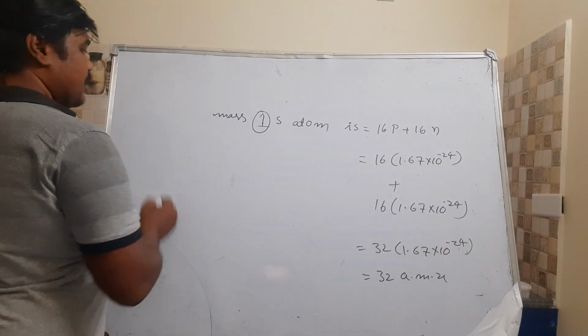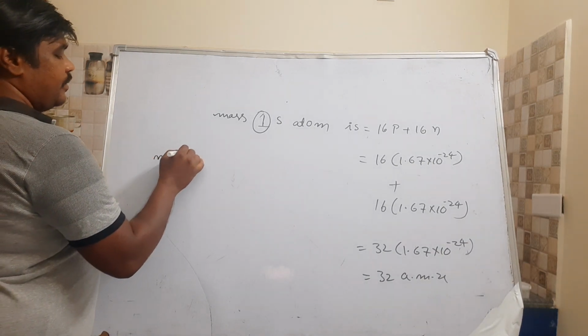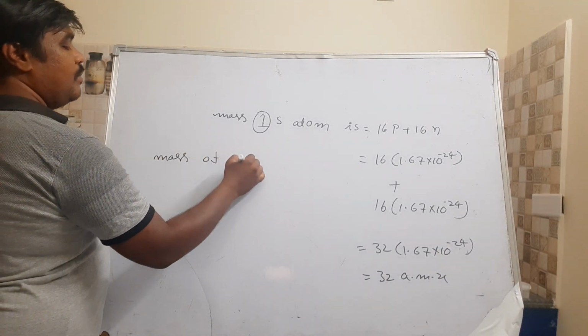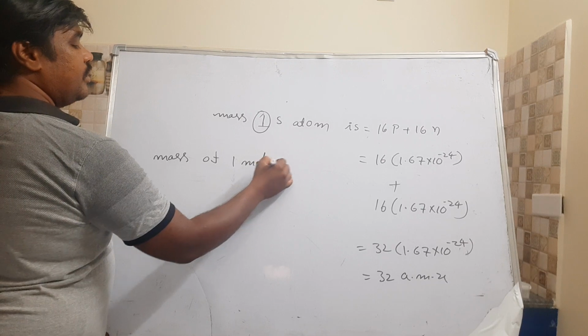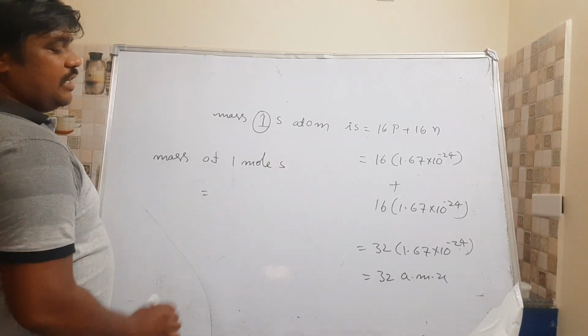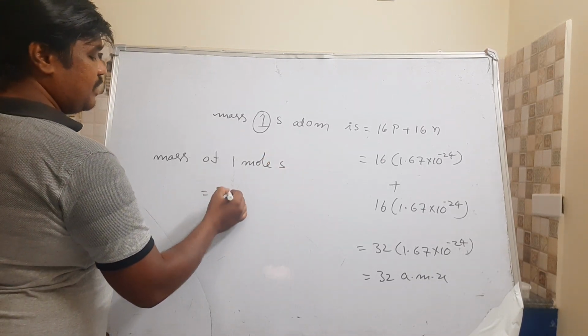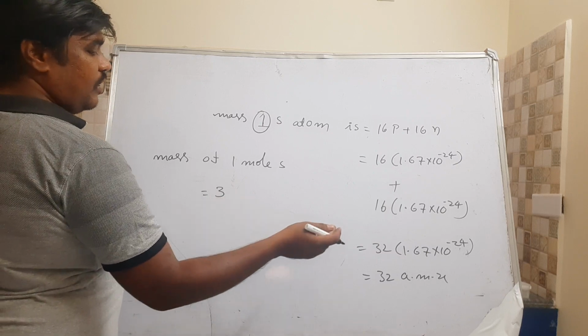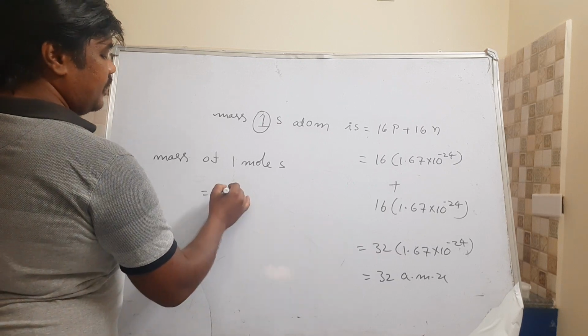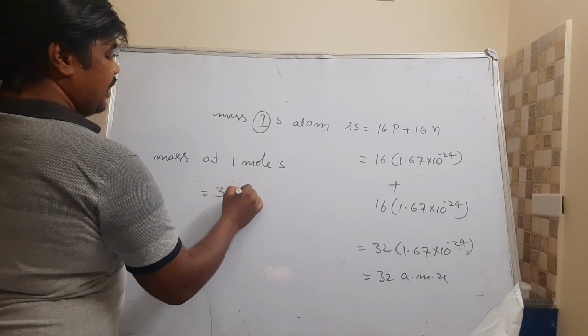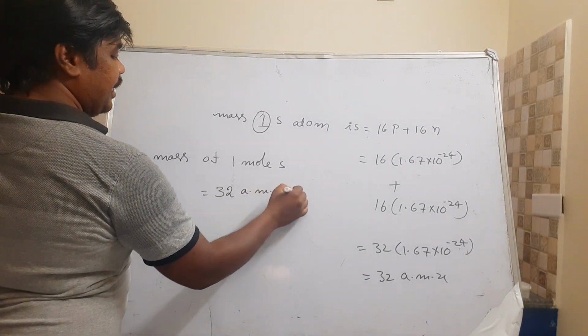So we know that. The mass of 1 mole of sulfur is equal to the mass of 1 atom of sulfur, 32 AMU, into the Avogadro number.